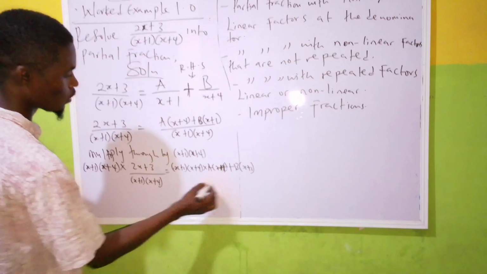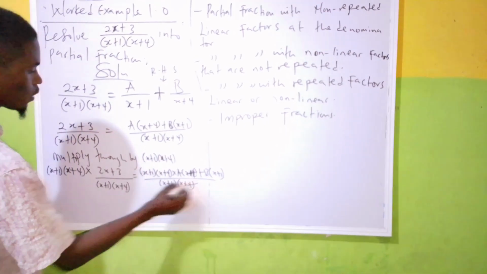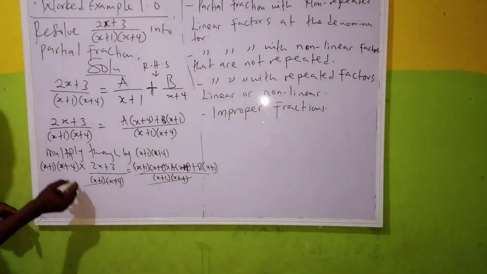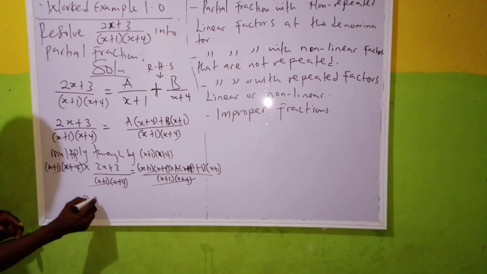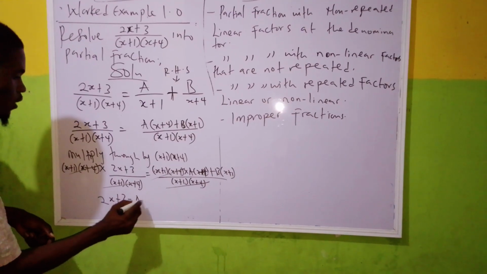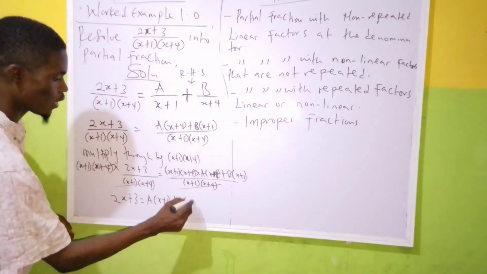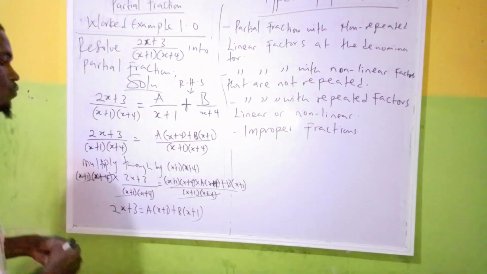Having x plus 4 here, so over x plus 1, x plus 4. Then this one cancels this, and this cancels this. Then we're having 2x plus 3 is equals to a into x plus 1 plus b into x plus 1.